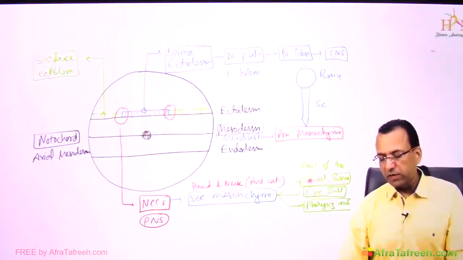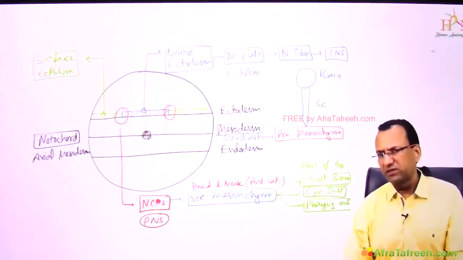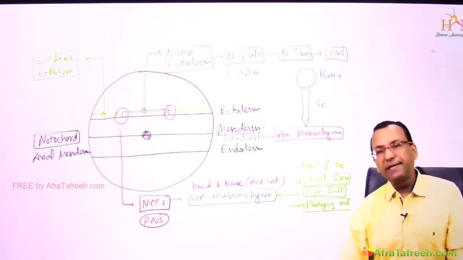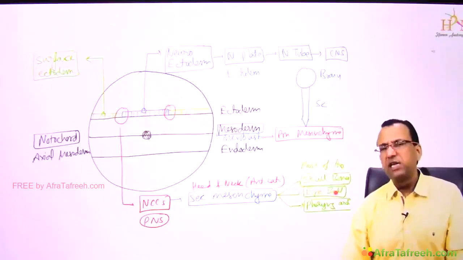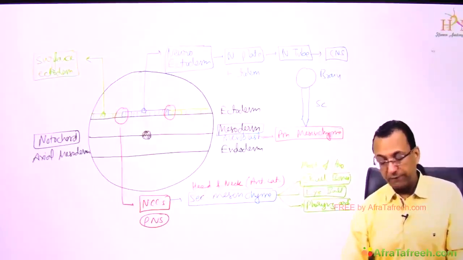Most of the skull bones are from the secondary mesoderm, from the neural crest cell, but not the posterior portion, like the occipital bone. Where would the occipital bone have come from? From the primary mesoderm. Similarly, the eyeball is chiefly secondary mesoderm from neural crest cell, and it has very little primary mesoderm.